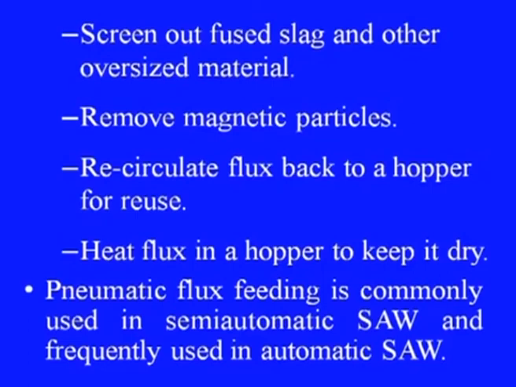Flux recovery units may do any combination of the following: remove unfused flux and fused slag behind a weld head, screen out fused slag and other oversized material, remove magnetic particles, recirculate flux back to a hopper for reuse, and lastly heat the flux in a hopper to keep it dry.